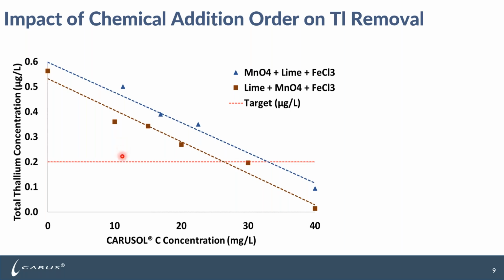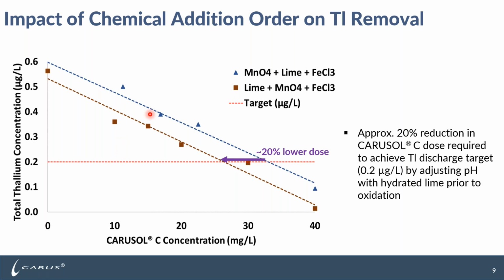So we can see there was about a 20% reduction in the Carusol C dose required to achieve the target thallium level by adjusting the pH first. Again, the aim here was to try to optimize the process and provide the plant with options for potentially reducing their chemical usage and the overall cost of treatment.